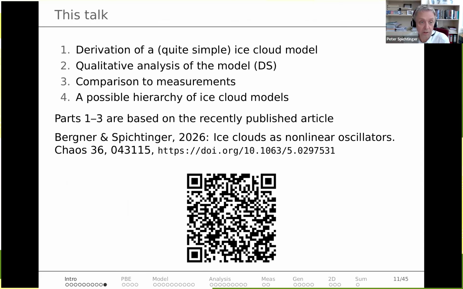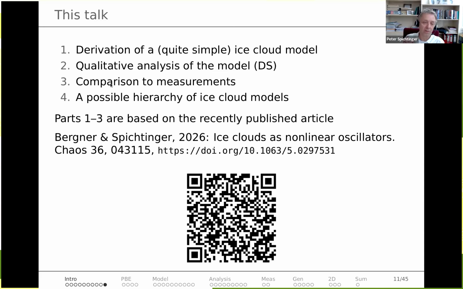So in this talk, I will just give you a derivation of a quite simple ice cloud model and an analysis of the model with dynamical systems. We will have some comparison to the measurements, and I try to convince you that even if the model is super simple, or quite simple, it does not compare too badly to the measurements.